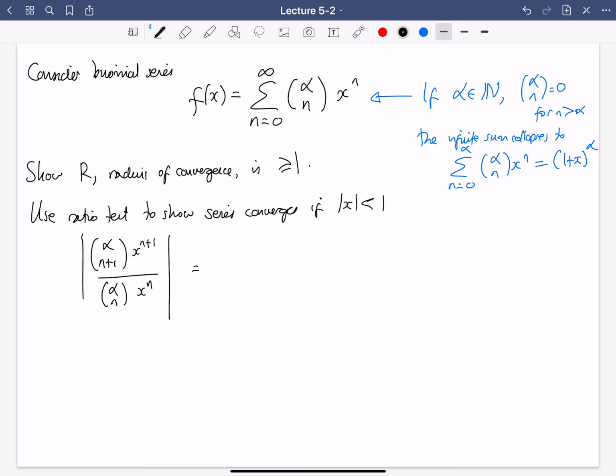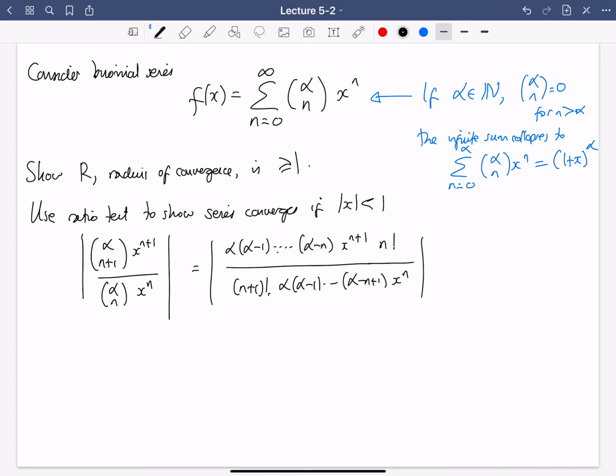So it's a bit of a calculation. Let me try and do it. The numerator is this generalized binomial coefficient over n plus 1 factorial, times x to the n plus 1, and the denominator is another one, except it stops one term earlier, over n factorial, times x to the n, and I'm taking absolute value.